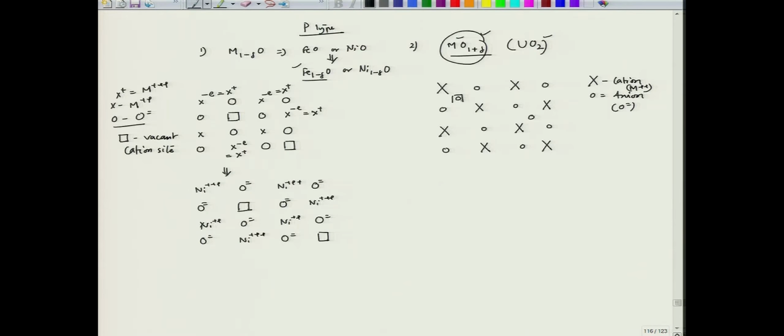Let me put it in this fashion: these are interstitial, this is an anion interstitial. Now we see that there are 4 extra negative charges, so 4 electron holes should be present.